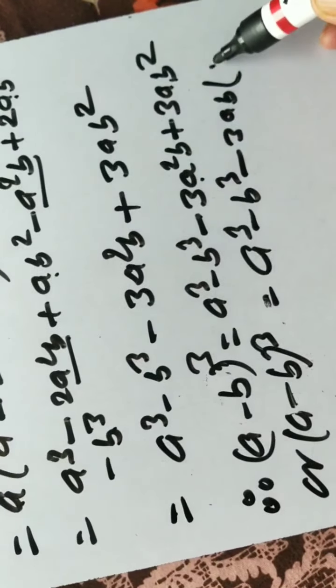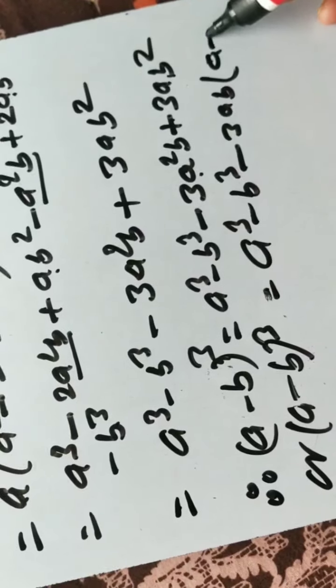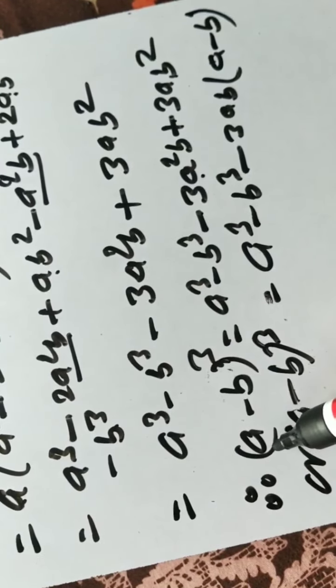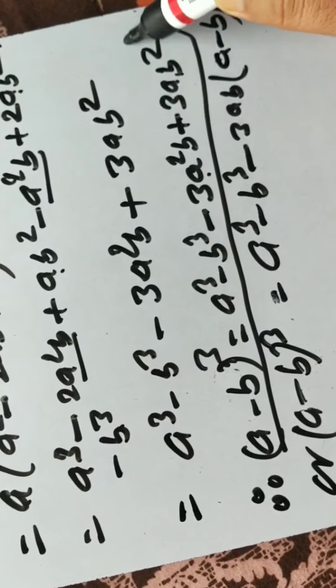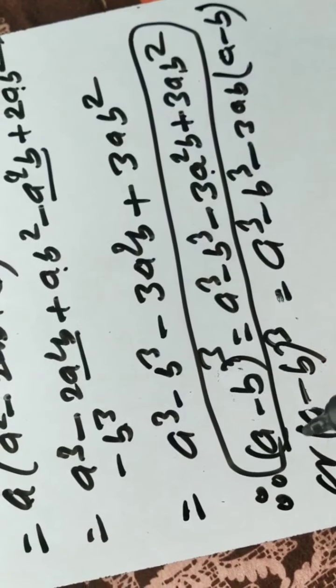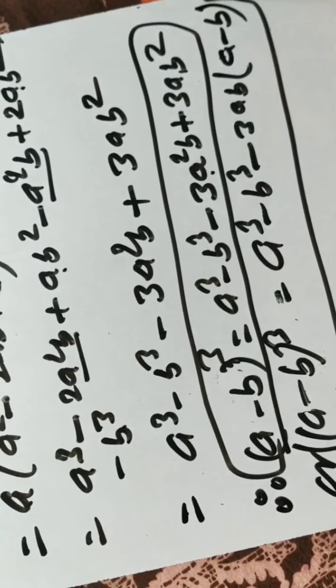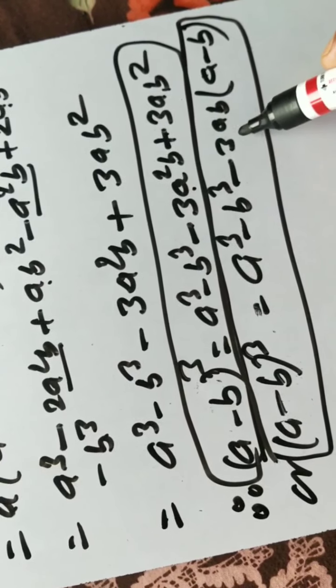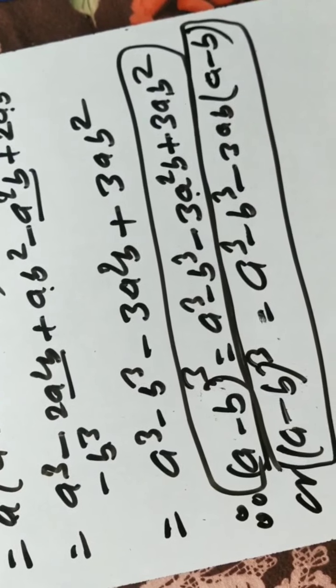So here a will be left, and minus multiplied by plus will be minus, and b will be left here. So (a − b)³ is also written as a³ − b³ − 3ab(a − b).